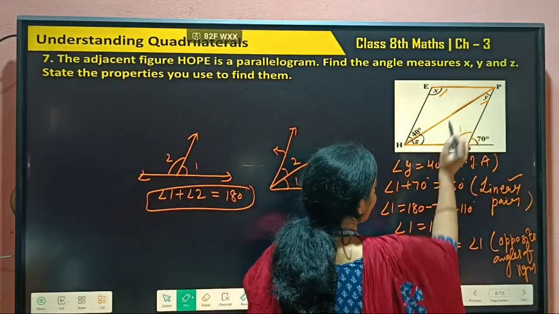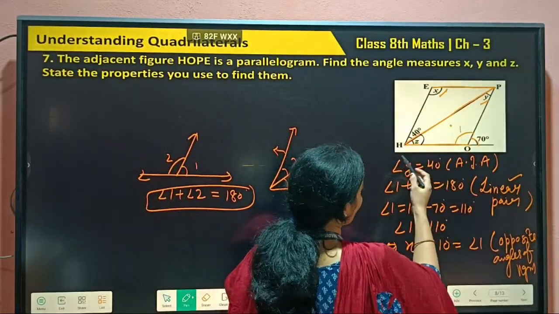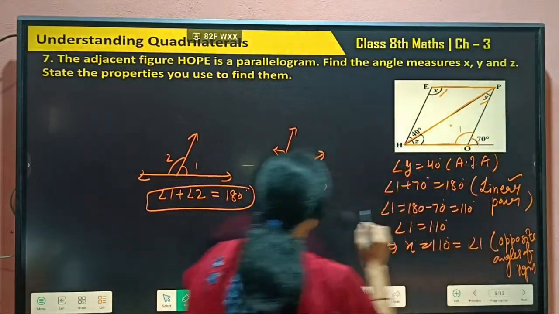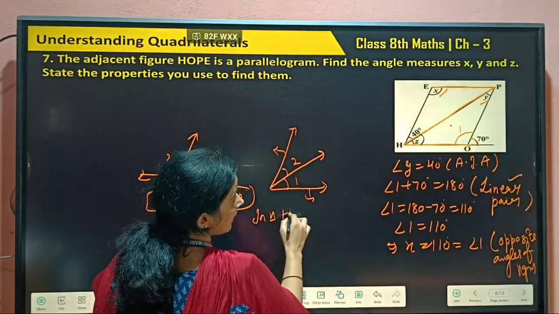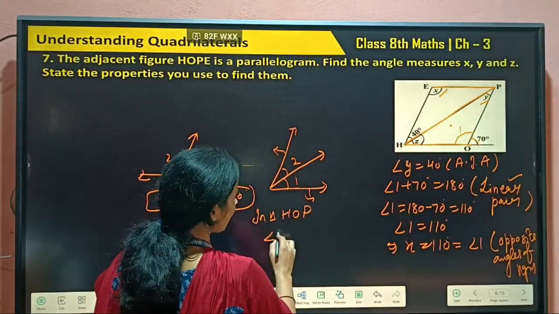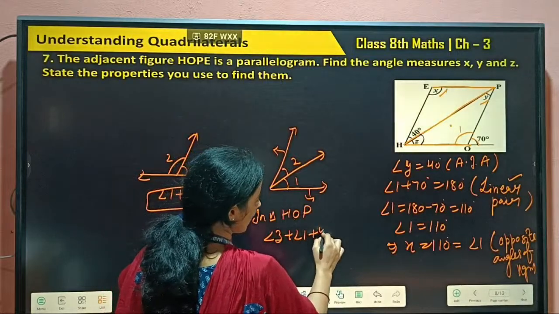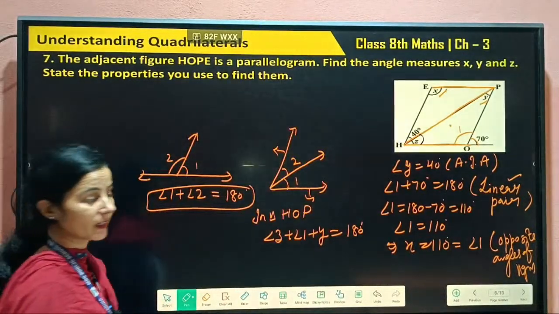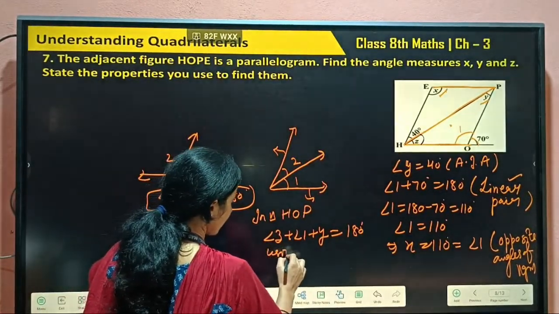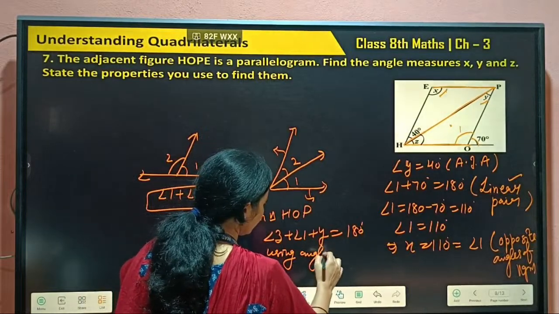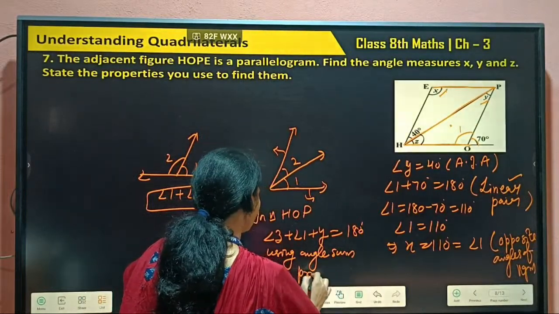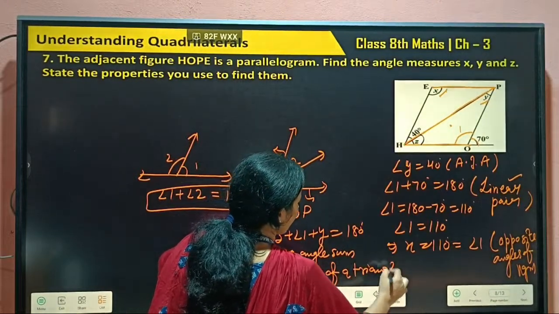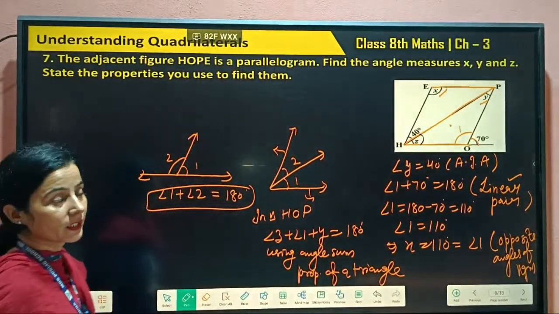In this triangle, there is more than one way to find these unknowns. In triangle HOP, angle z plus angle 1 plus y equals 180, using the angle sum property of a triangle.